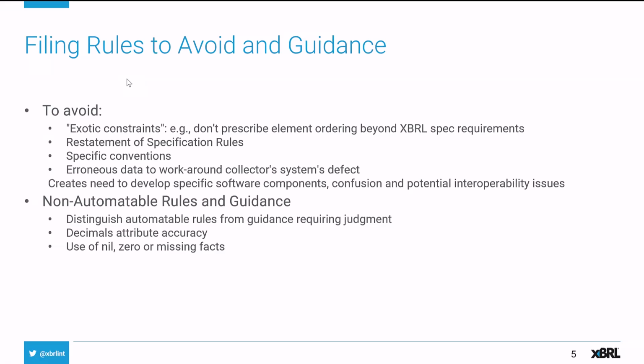You also have to avoid restatement of specification rules. For example, when there is a rule in the specification, you redefine it. You also have to avoid specific conventions. For example, in insurance supervision, we had to introduce an enumeration with more than one value possible.